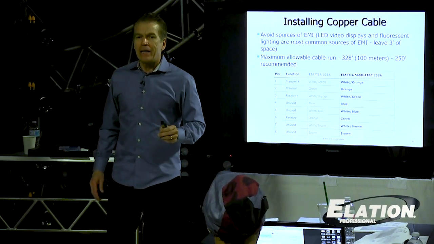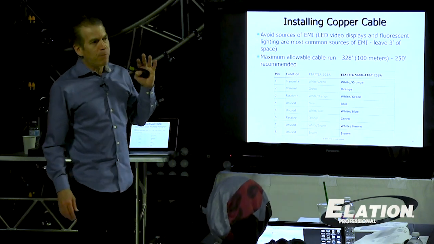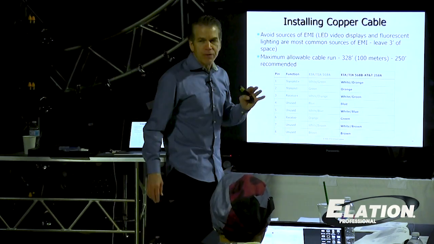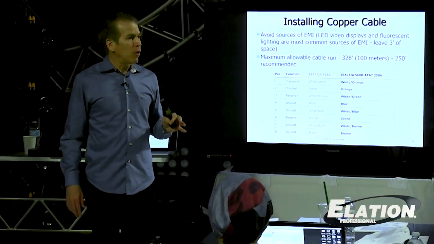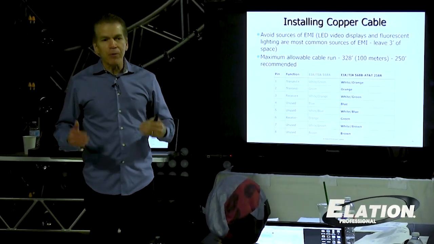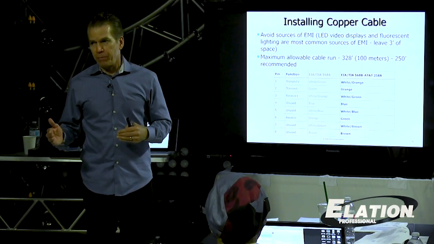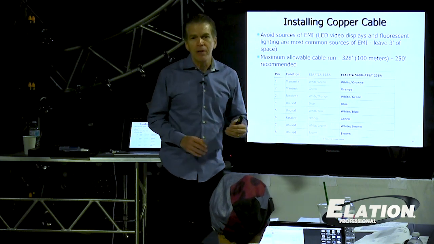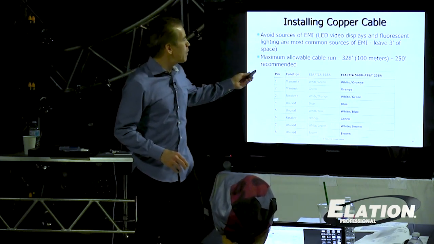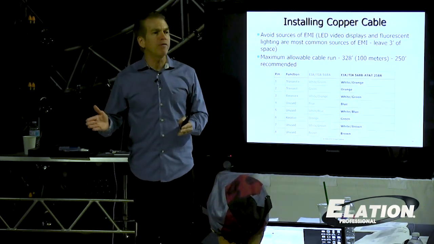But I've talked to lots and lots of technicians who tell me that the number one issue with Ethernet is that people try to run their cables too long. So lots of experienced techs that I trust will say you want to limit it to between 200 and 250 feet.